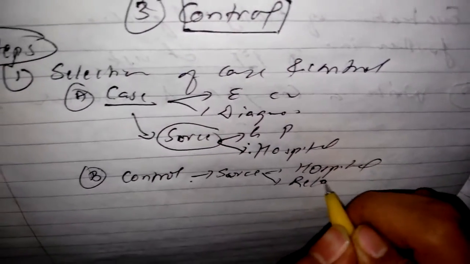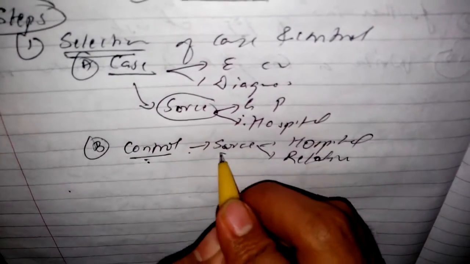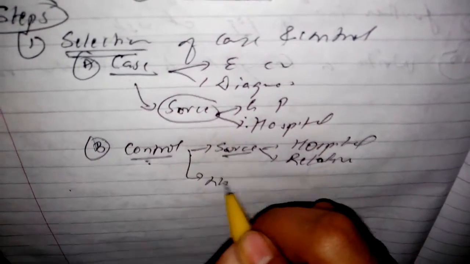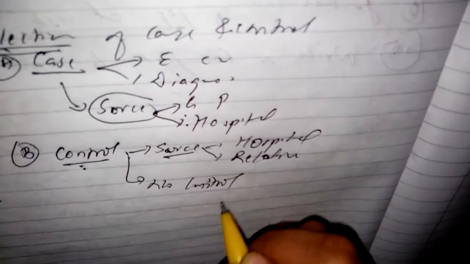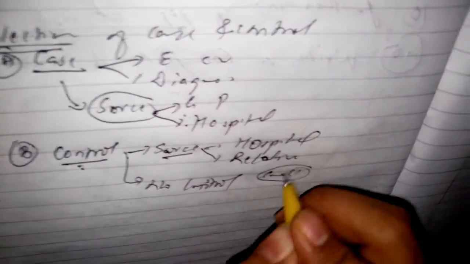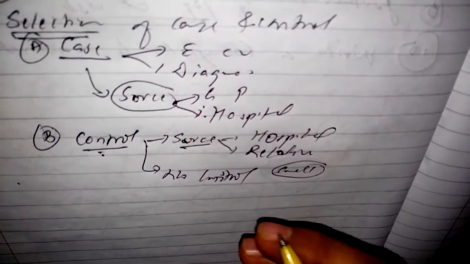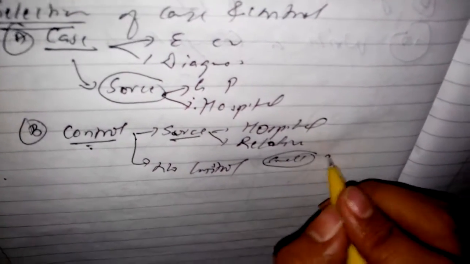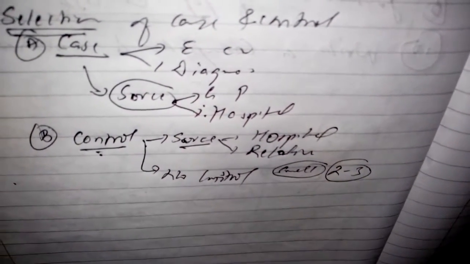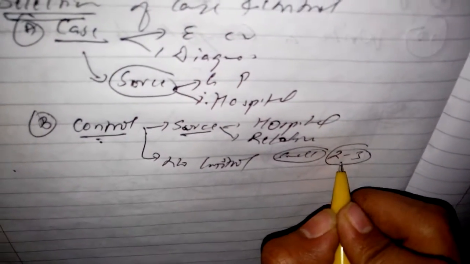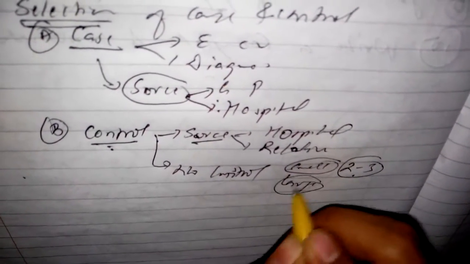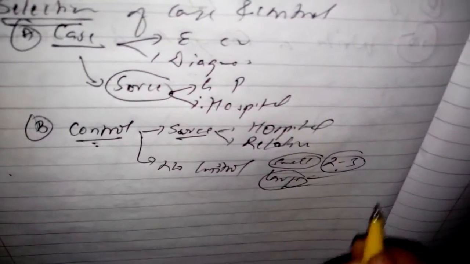Relatives can be our source of control. After selecting the case and control, there is also the number of controls. In a small study we have to gather about 2 to 3 controls for each case, and for a large study we can use fewer controls.